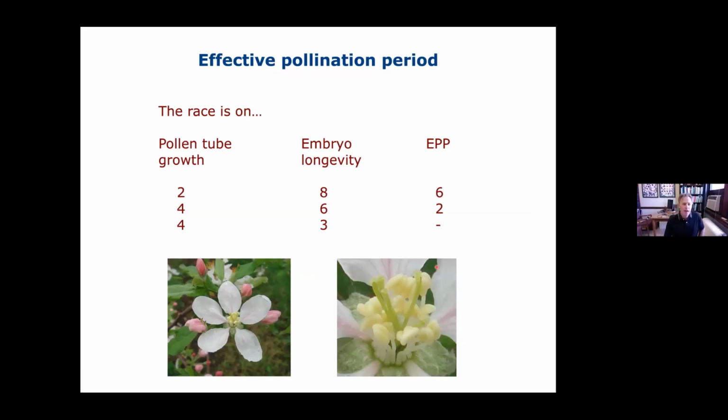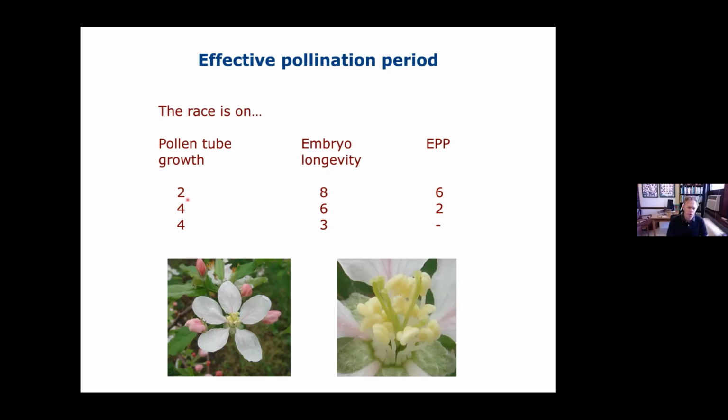If the embryo is receptive for 8 days, but say it's nice and warm in the spring and it takes 2 days for the pollen to grow down the style to get there, that gives us a 6-day window, effective pollination period. Gives a 6-day window for the bee to deposit the pollen. It's going to take 2 days to get there, and it gets there just in time. Perfect, okay? And so that's a pretty wide window.